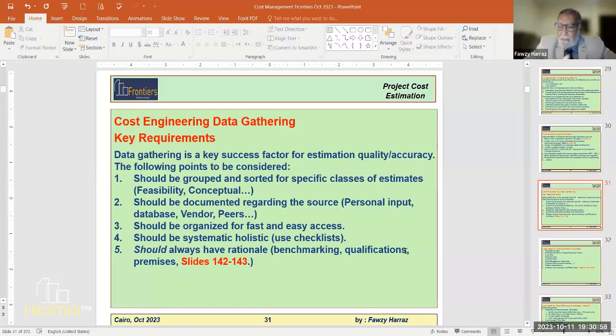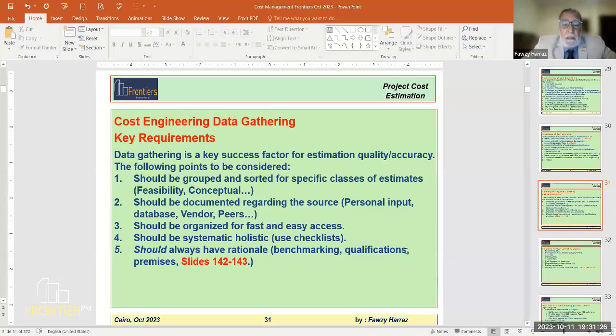So this improves the input data. Again, the bid estimate is the BOQ and the unit rates. So the BOQ, the quantities and the specification should be clear and to the contractual requirements of the tender. So that's a general rule. The quality of the information is very important.